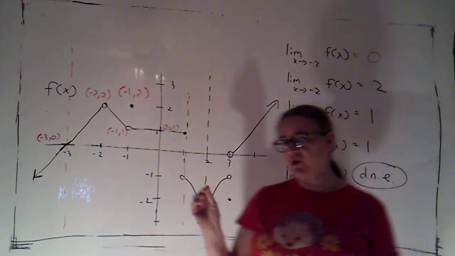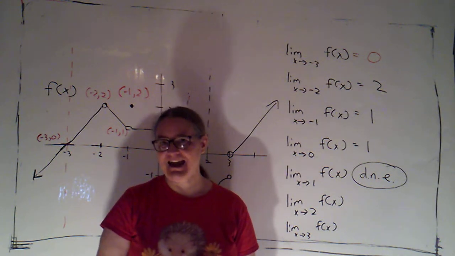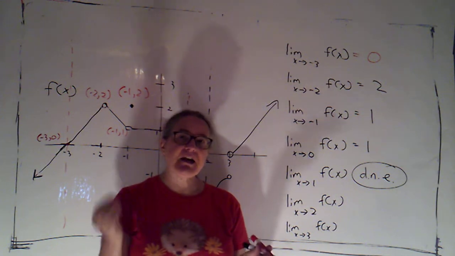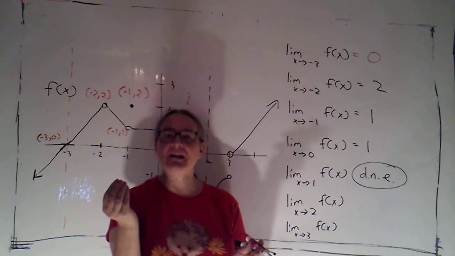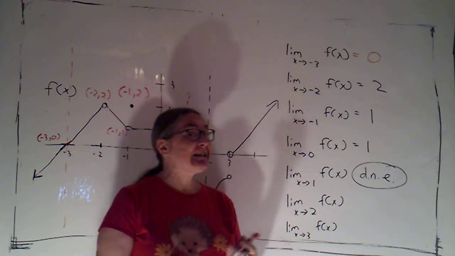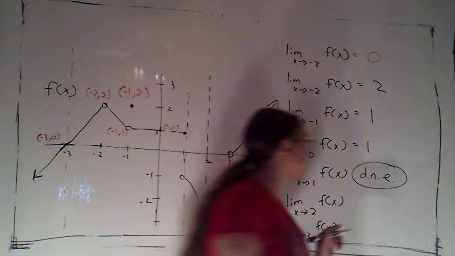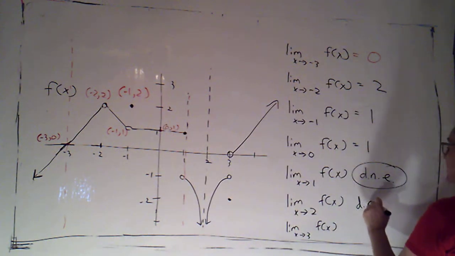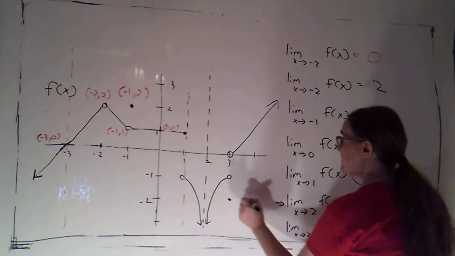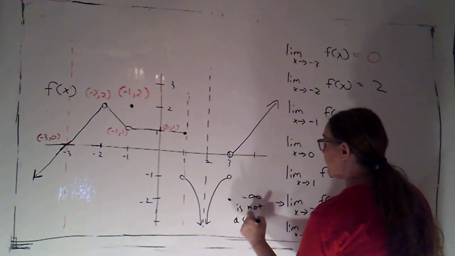Based on the definition we've given of the limit so far, we can't say that. So far, we have defined a limit to be the number, if it exists, that a function gets close to. Negative infinity is not a number. So based on the definition we have so far, we would have to say it does not exist, and this one is just because negative infinity is not a real number.